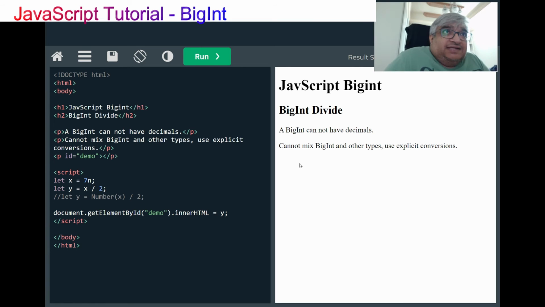The thing is, a BigInt cannot have decimals, cannot mix BigInt and other types, use explicit conversion, right? So if I have a division which is going to have an answer with a decimal, that's not going to work, and I have to do explicit conversions for that.